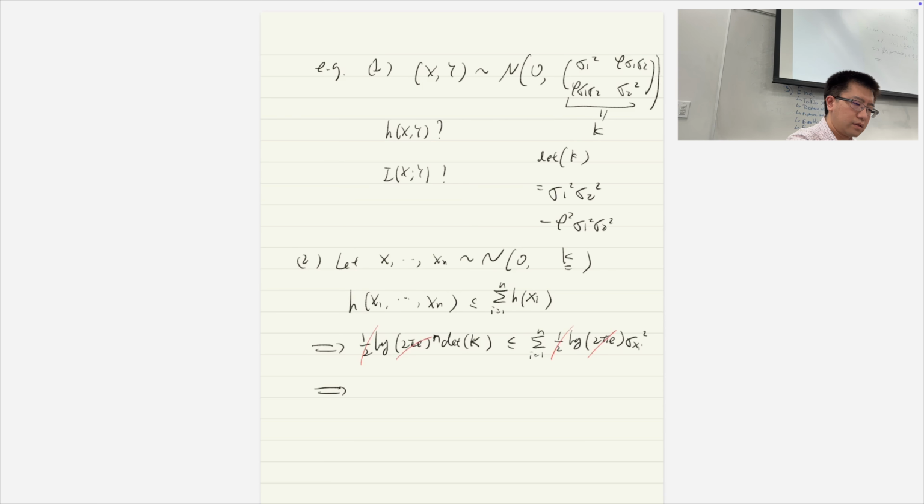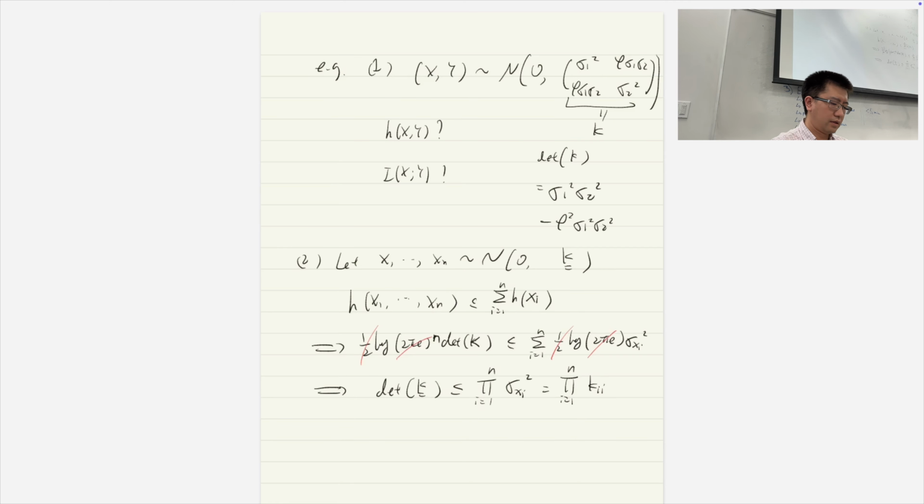So basically, eventually what we get is that the determinant will be less than or equal to the product from i to n of sigma xi squared. And that equals the product of all the diagonal entries in K.